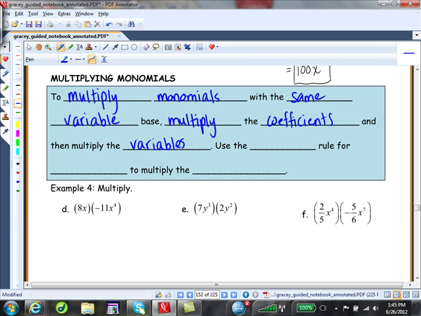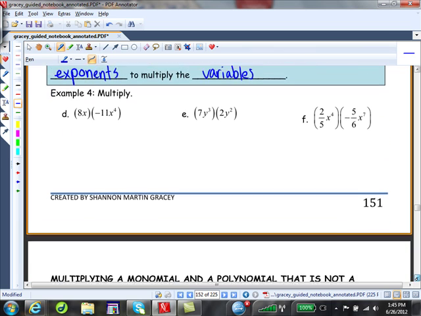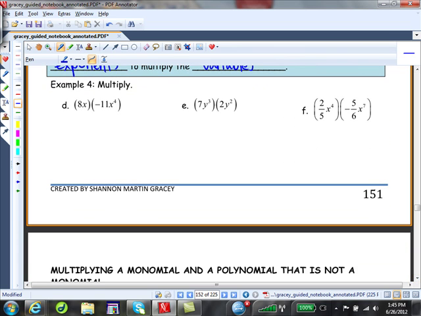Use the product rule for exponents to multiply the variables. Oh, sorry, these should be renumbered. A, B, and C.